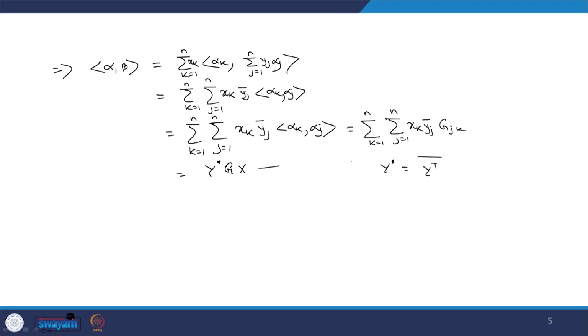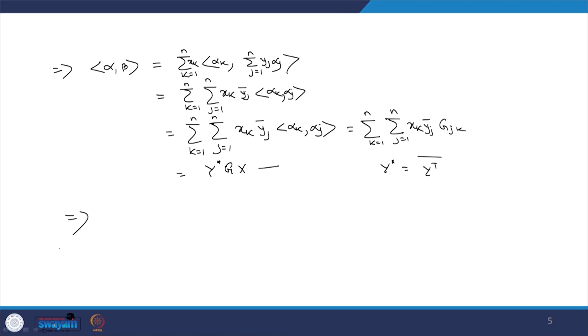Y is a column, its transpose is a row, G is an n cross n matrix and X is a column, so the dimension is 1 cross 1, a scalar quantity. So, the inner product of alpha beta equals Y star G X.